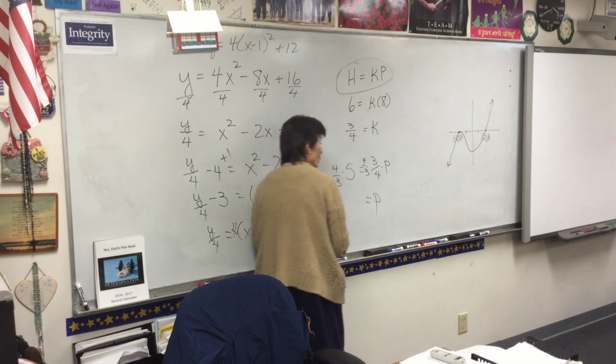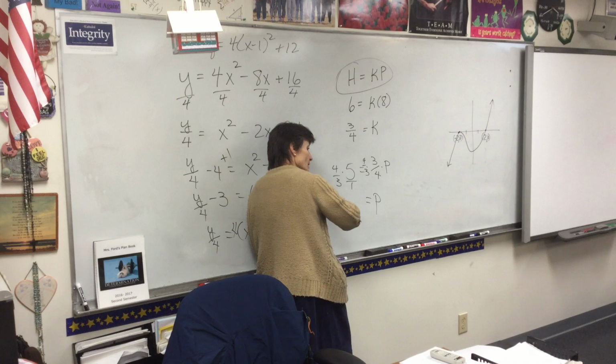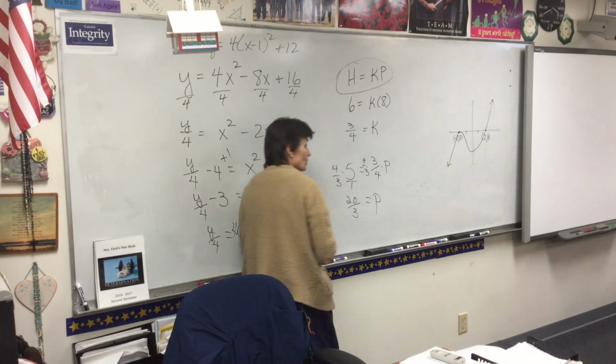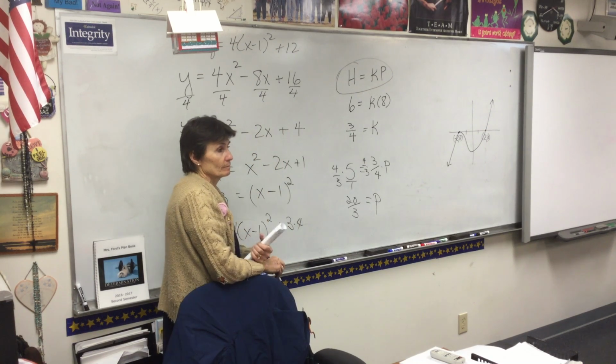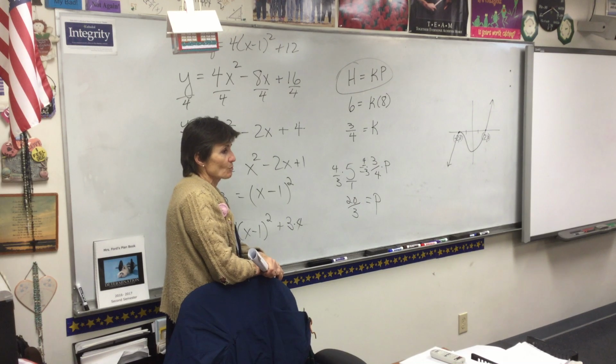So P equals, now remember, when you multiply fractions, it's straight across. So that would be 20 thirds. And again, I totally made that up, so it doesn't really make sense, but that's the math.